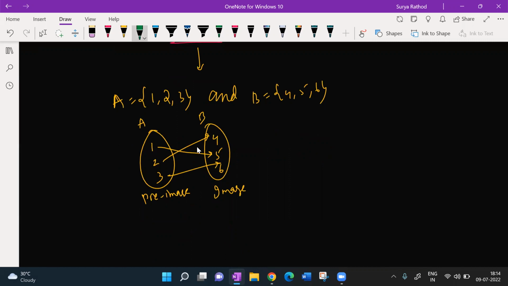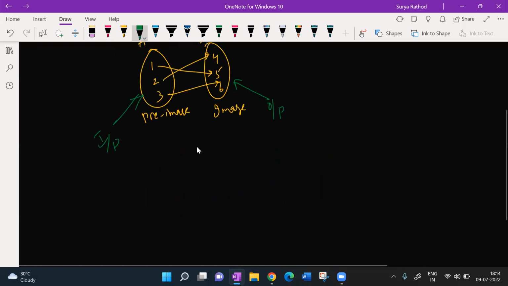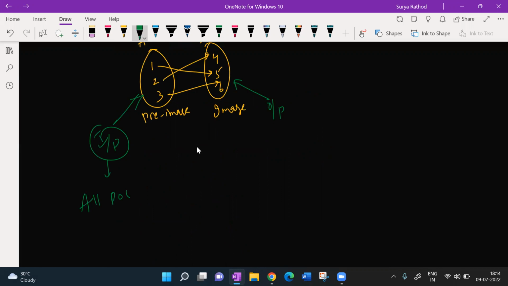Basically, I would call these inputs, and these outputs. All possible inputs, all possible values of x, is the domain of my function. What is output?